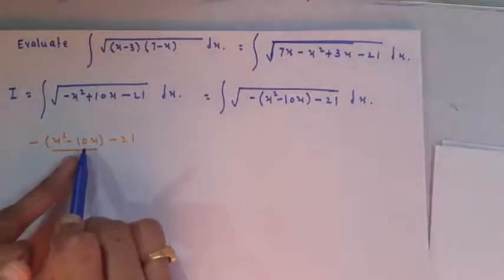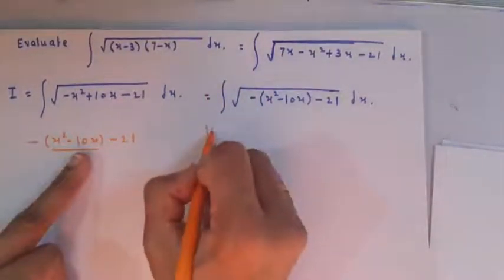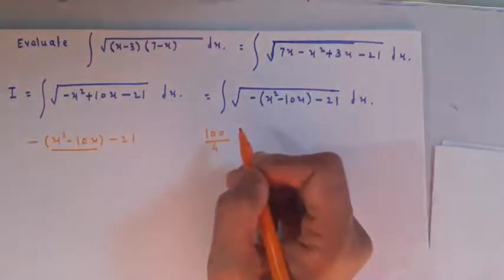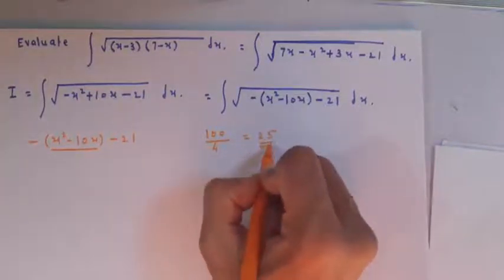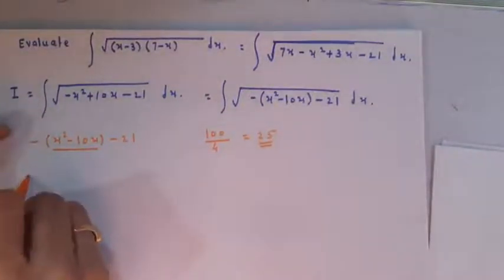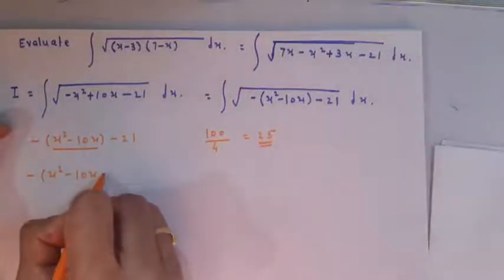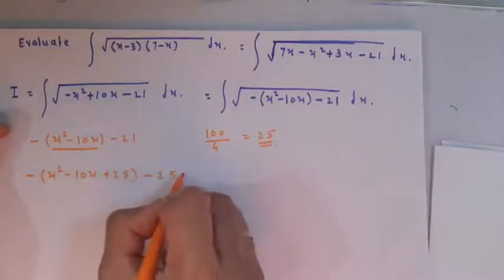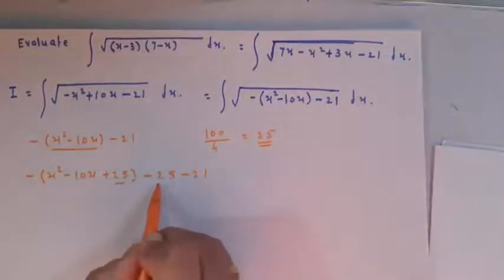So b by a is 10 here, and that's why 10 square means 100 upon 4, that is minus b by a whole square upon 4, and that's why the term that we have to adjust is 25. Okay, and therefore we can write this minus x square minus 10x plus 25 minus 25 minus 21 as it is. So here we have adjusted plus 25 minus 25.